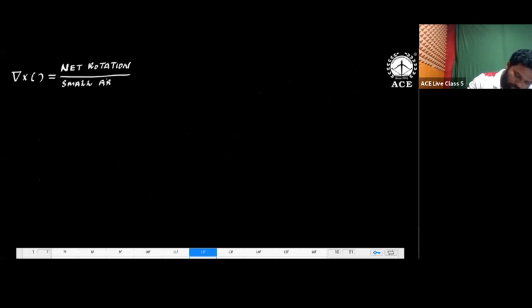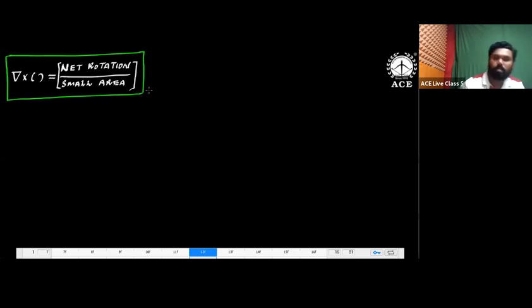If I perform the curl on any vector field, it is going to give the net rotation observed on a small area.